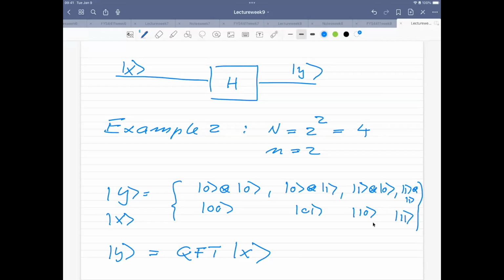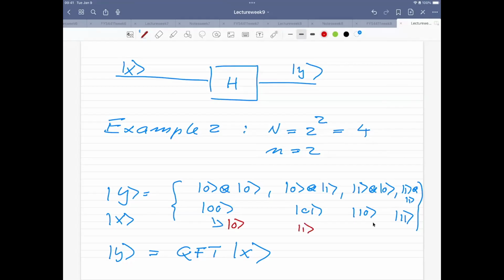Now, these states, the way we have labeled them here, is not as convenient as we would like to have it. So what we're going to do is to remap everything in terms of binaries. So let's take a look at this representation here. What we are going to do now is to have a more compact notation. So that means that this state, and I'm going to mark this with red, is going to be labeled as state 0.